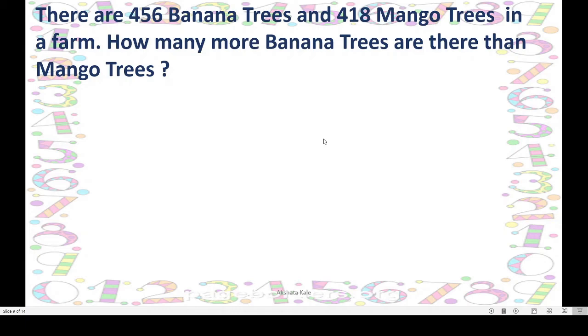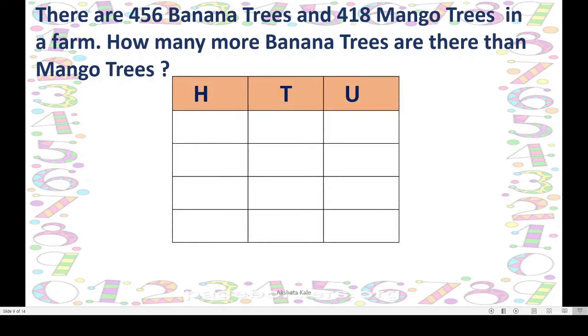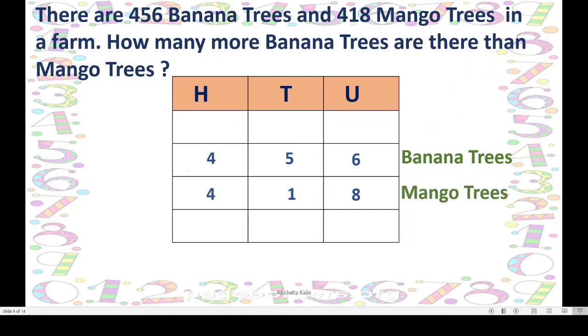Okay, we will use our subtraction method and we will find out. Now we are going to write 456 first, that is banana trees. Now 418, that is mango trees, minus.